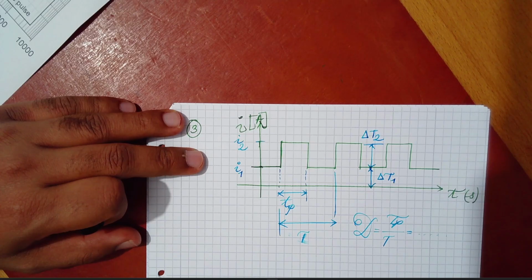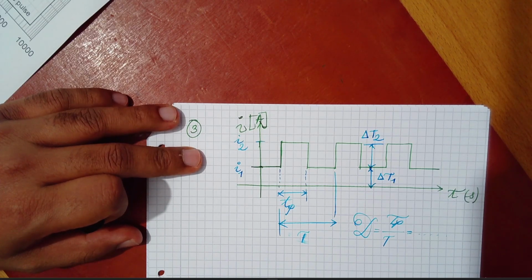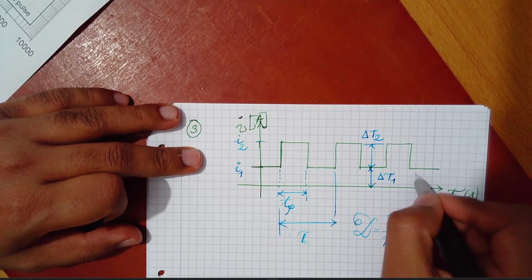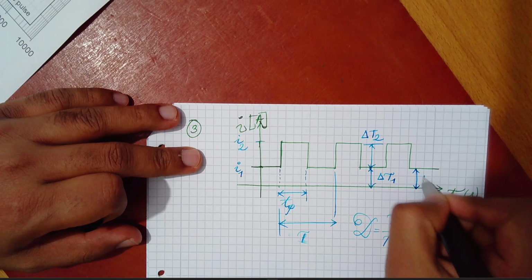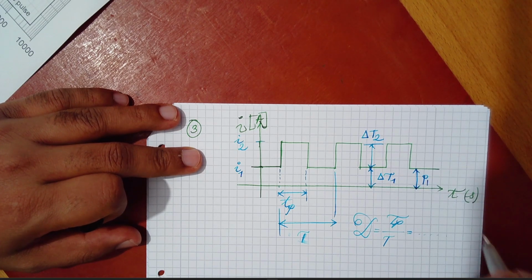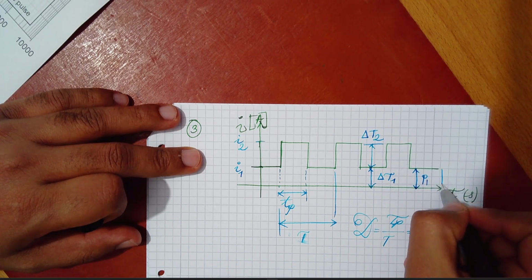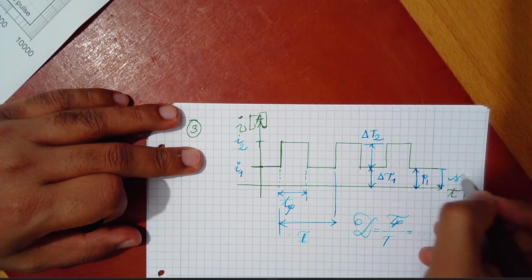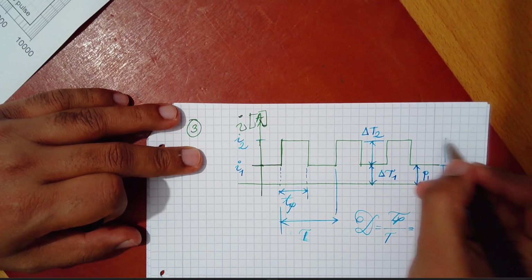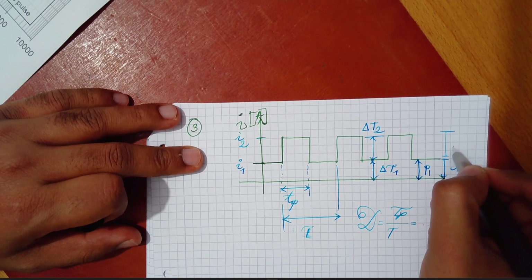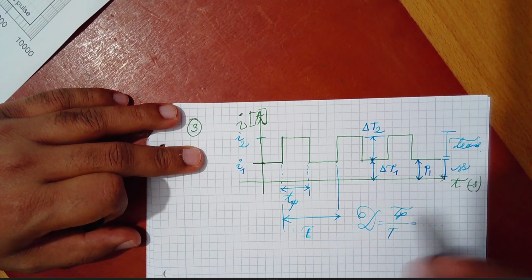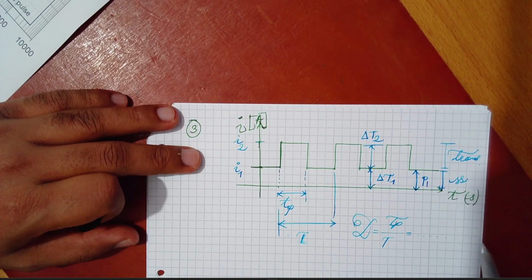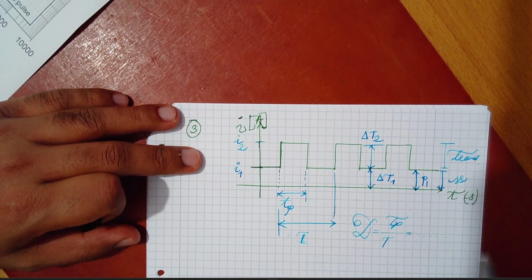For the calculation of the total junction temperature of the semiconductor device under consideration, we also need to consider the power for these levels. So this is steady state, and this is transient. For transient, we have to calculate the power as well, P2.